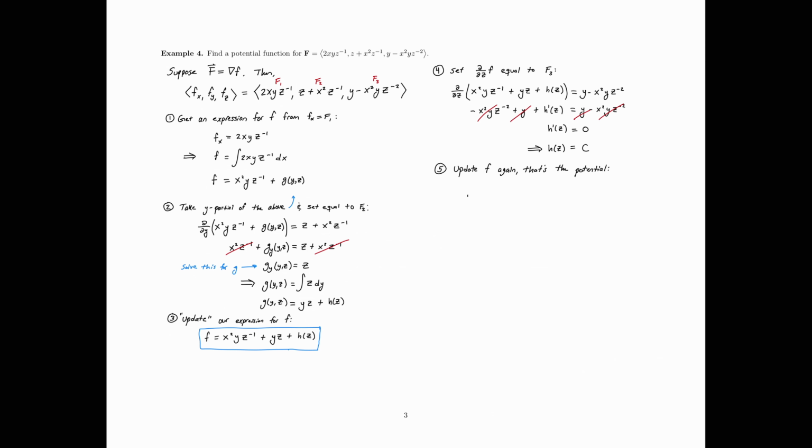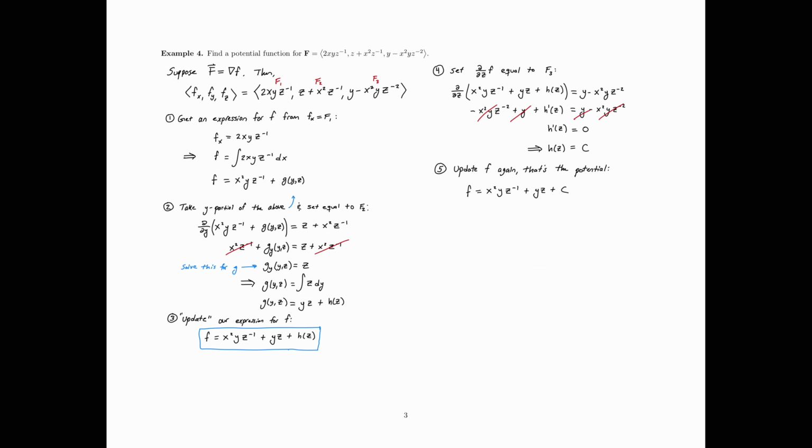So f was equal to this expression right up here. So I'll grab that. And we know that from up here that h of z is a constant. So this h of z can just be given a plus c.